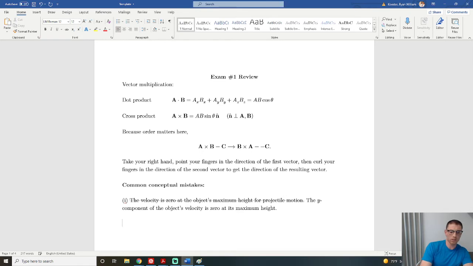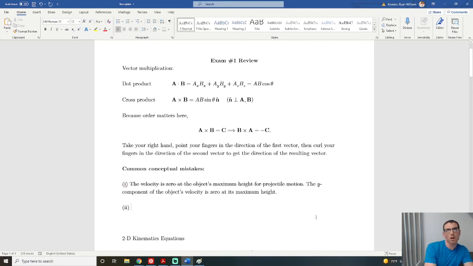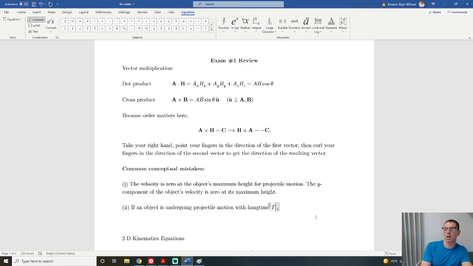Cool. Okay, this is a big one. I've seen so many students do this. Okay, let's talk about projectile motion some more. So the incorrect statement that I have in mind here would be that if an object is undergoing projectile motion with hang time big T. Remember, hang time is just the time that it takes for the object to go from its starting position to its final position.